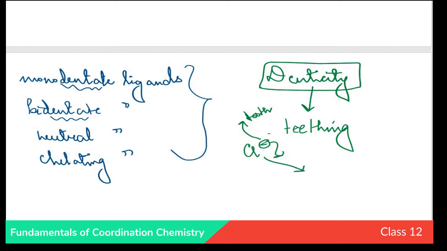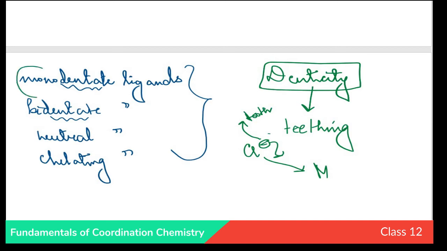By donating the electron density to any metal M, it supposedly bites the metal atom just like we bite any food using our teeth, right? So that is denticity, the tendency to bite a metal atom, which in terms of chemistry is donation of electrons to the metal atom.